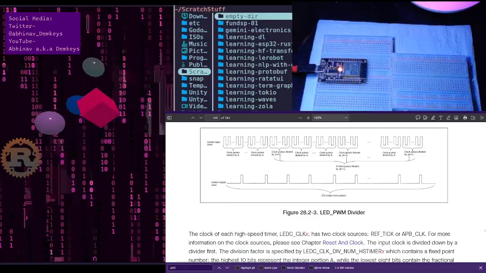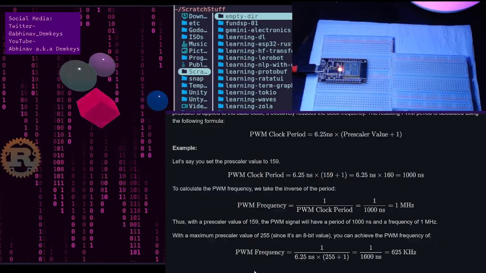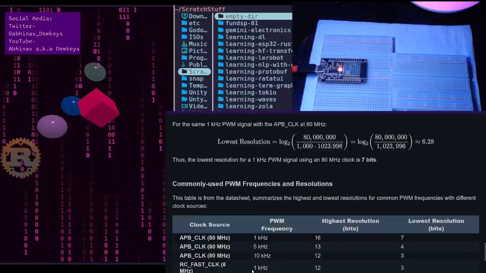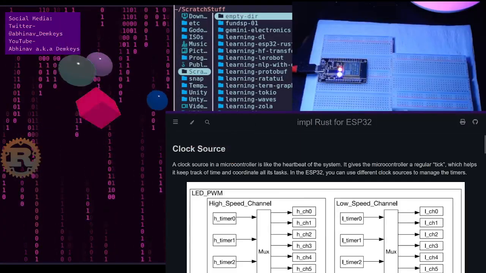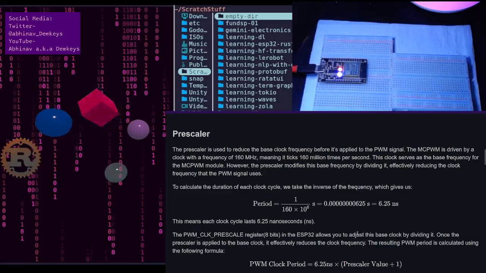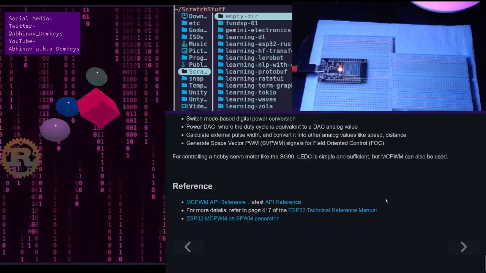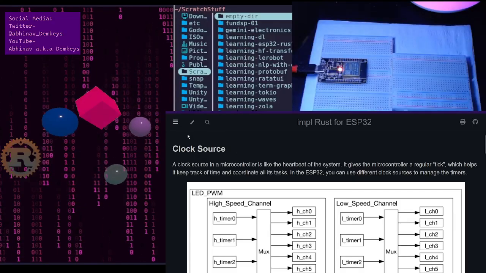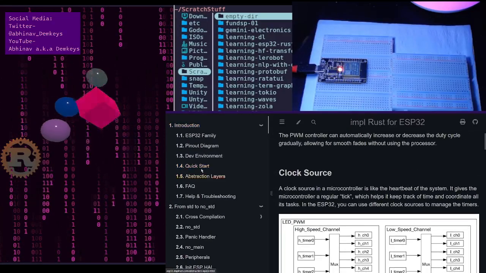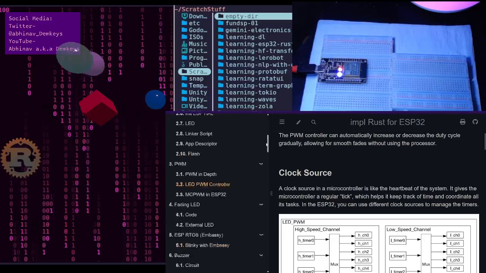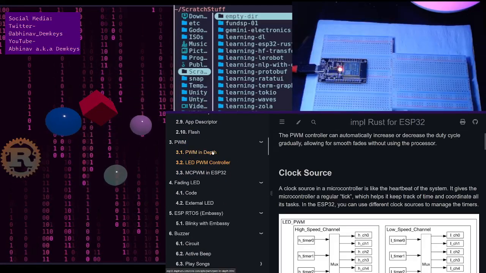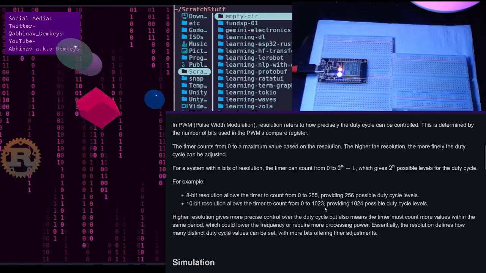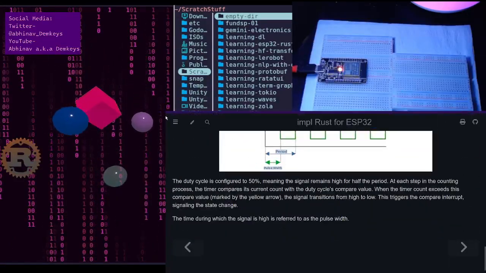A lot of these diagrams are mentioned, and the signals thing was mentioned somewhere, either here or maybe in the previous section. Maybe it was mentioned in PWM in depth, or maybe it's mentioned in fading LED. That's a possibility as well.